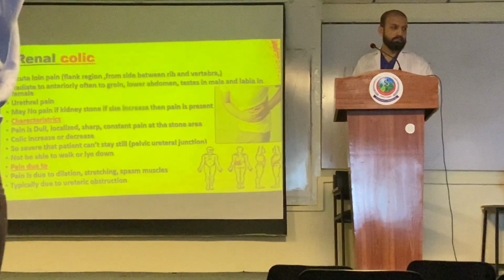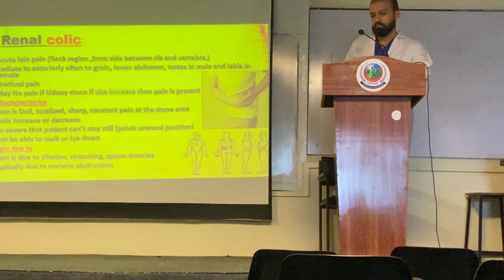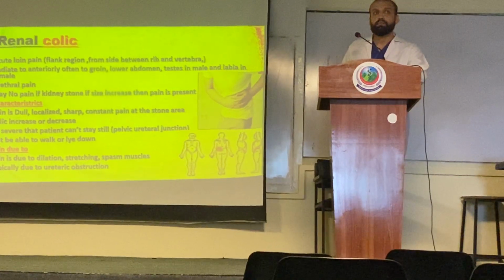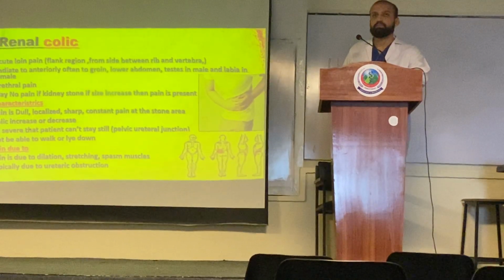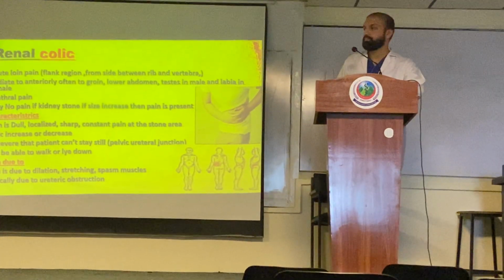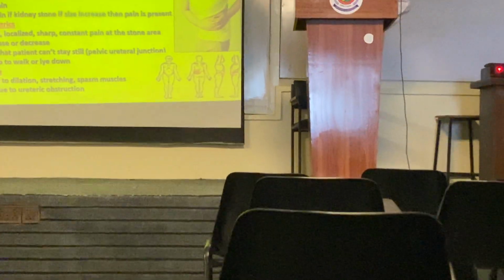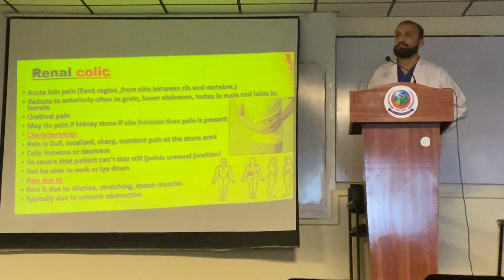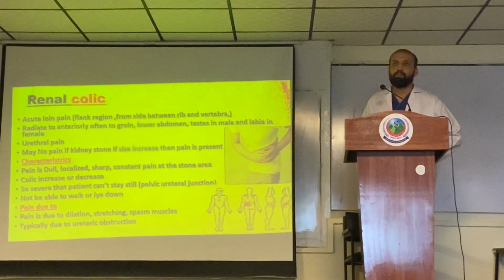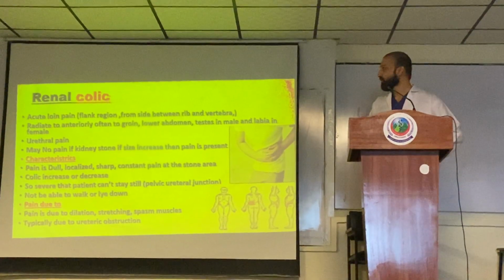The moment the channels are blocked, the dull constant ache is transformed into colicky pain, because the muscles contract against the stone, trying to expel it. As a result, there is severe spasm, and that will lead to localized ischemia. Ischemic pain is one of the severest forms of pain.